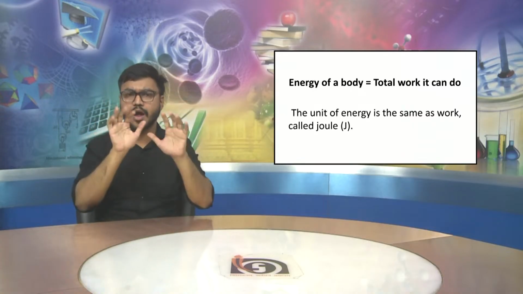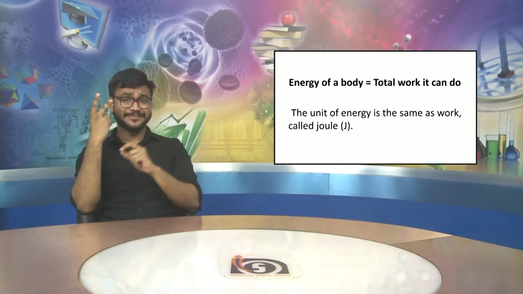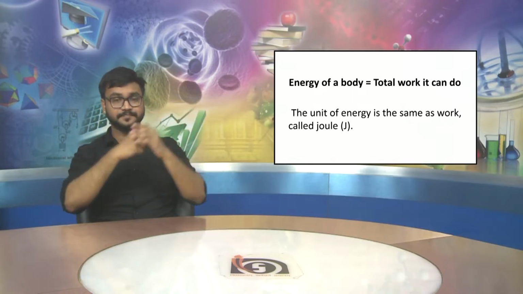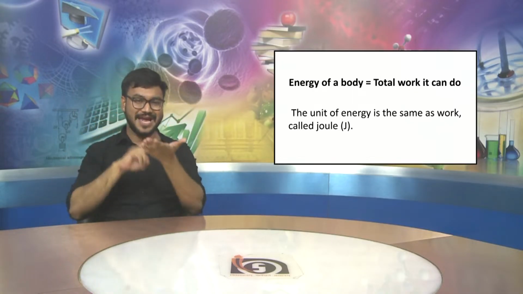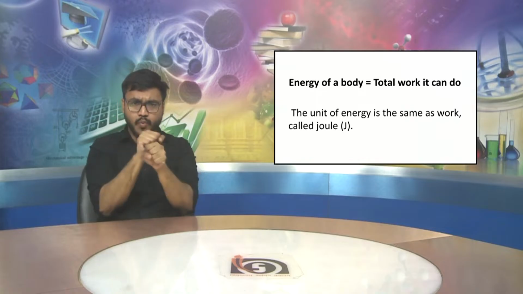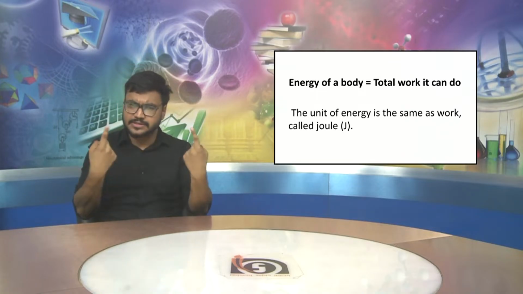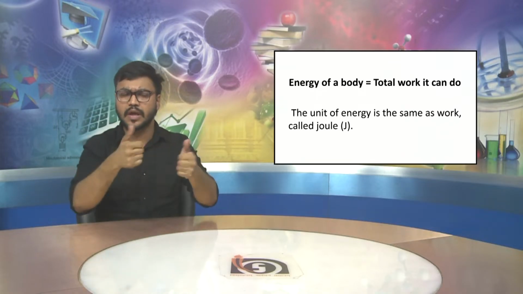We can say that the energy of a body is equal to the total work it can do, and the energy unit is the same as work, which is joule.